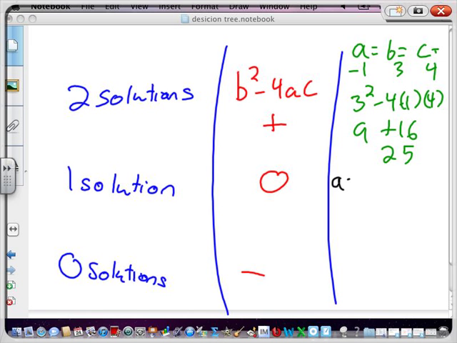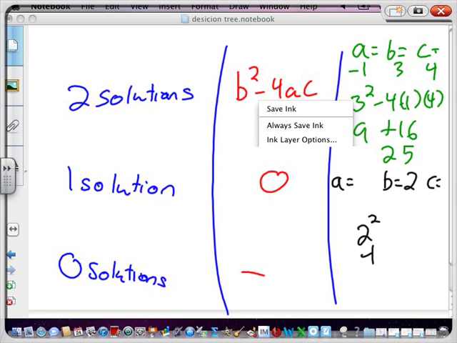So we've got A, we've got B, and we've got C. Let's choose B as 2. What is 2 squared? Okay, we need the other side, negative 4ac right here, to give me -4. So what would A and C have to be? 1.